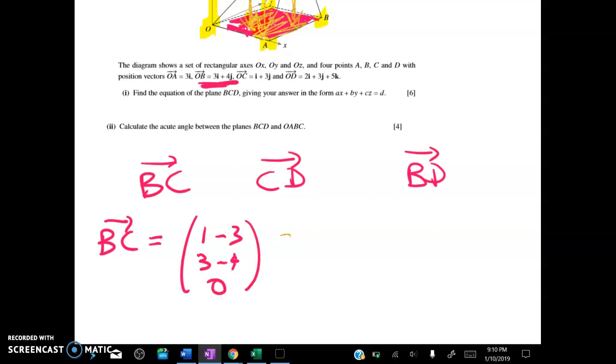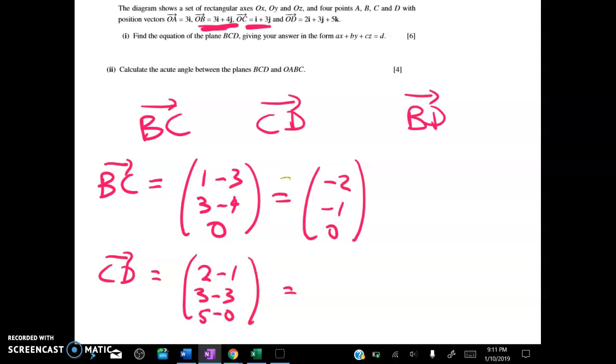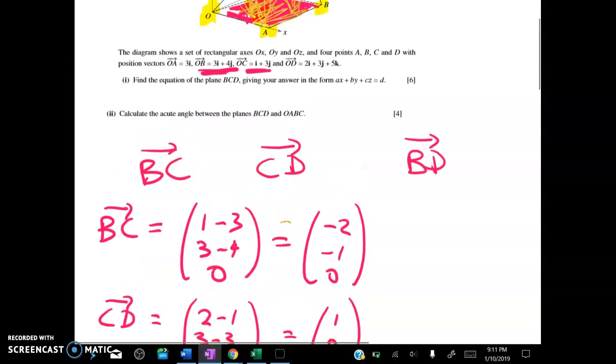Right, so that's working with this one and this one. So that gives me negative 2, negative 1, 0. What about CD? Well, CD will be 2 minus 1, 3 minus 3, and 5 minus 0, which gives me 1, 0, and 5.